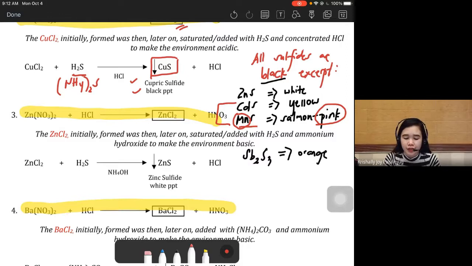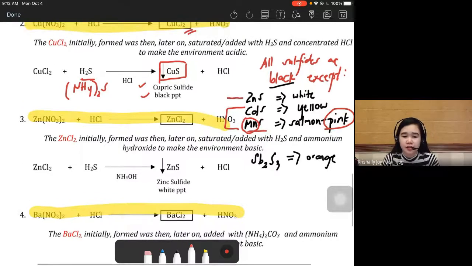And then for zinc sulfide, this is quite common sense kasi yung mga zinc compounds are all white in color. Most of the zinc compounds, zinc carbonate, zinc chloride, zinc sulfide, they are white in color. Then yung natira, i-memorize nyo lang to: orange, antimony sulfide. Sige, next.